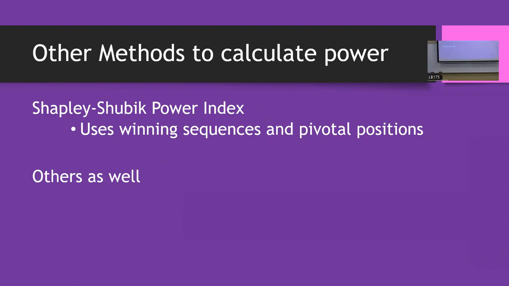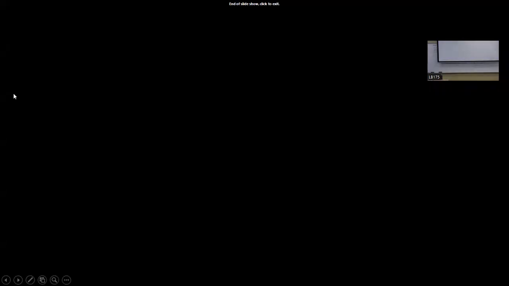There are others as well, but the Banzhaf power index and the Shapley-Shubik are probably the 2 most common. All right. The pivotal positions are sometimes hard to deal with, so we're not going to do that here. All right, so the Banzhaf power index is the only one we're going to deal with.